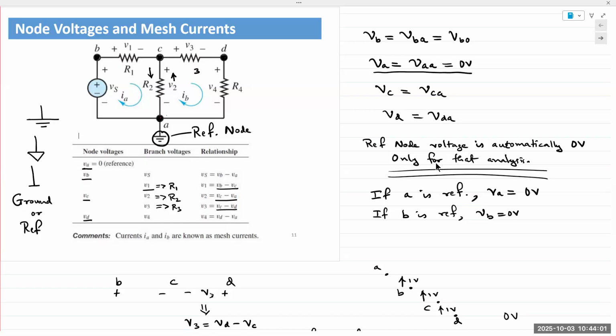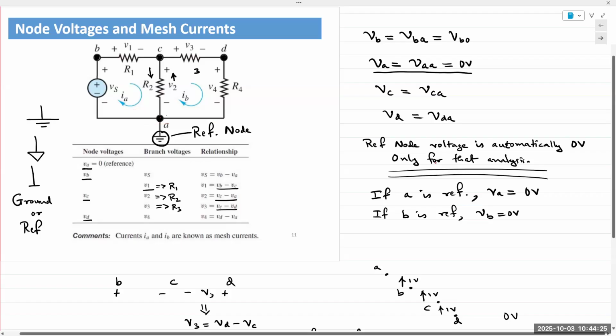So those are nodes. Anything that is connected between two nodes is a branch. Whether it's a wire or a resistor, capacitor, inductor, doesn't really matter. That's known as a branch of the circuit. In this case, we could technically say this is a branch of the circuit, though we don't identify it as such.